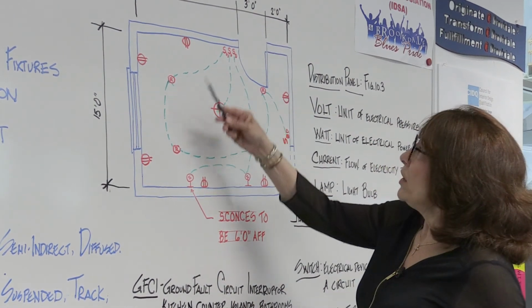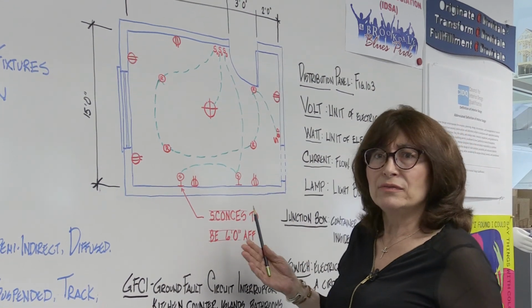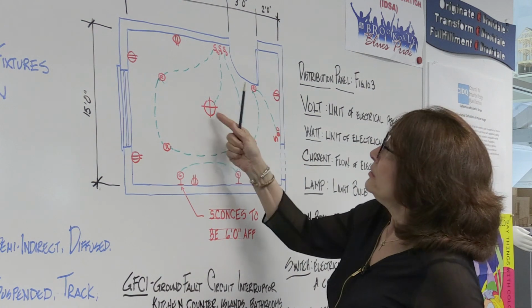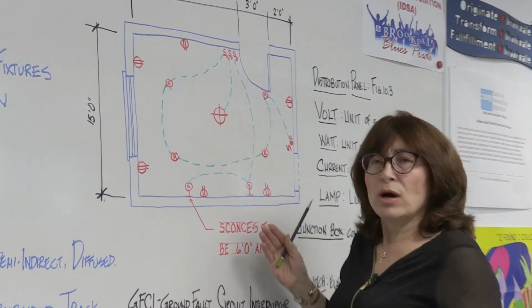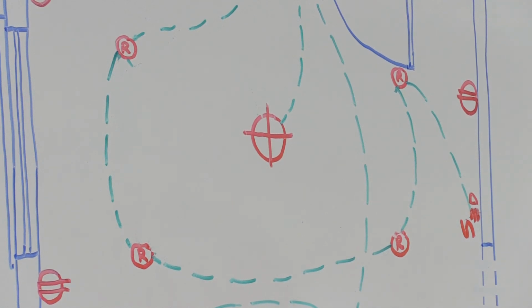And so what I did here was I tried to identify a variety of type of lighting in this particular space. In the center of the room, I wanted to put a pendant type fixture, whether it's a chandelier or just a pendant fixture.